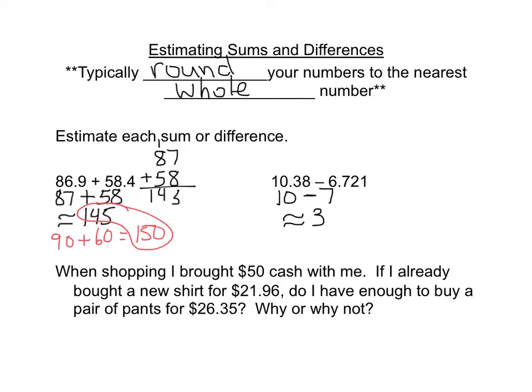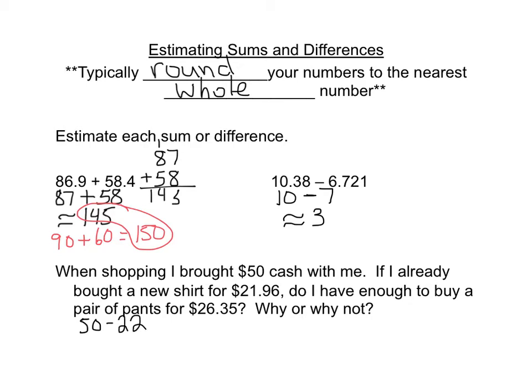So you go ahead and pause the video again and then try the word problem if you haven't done so already. So when I went shopping, I brought $50 cash with me. If I already bought a new shirt for $21.96, do I have enough to buy a pair of pants for $26.35? Why or why not? There's a couple different ways that you could approach this. We could start with our $50 and subtract out what we've spent and see what we have left. So $21.96 is about 22.